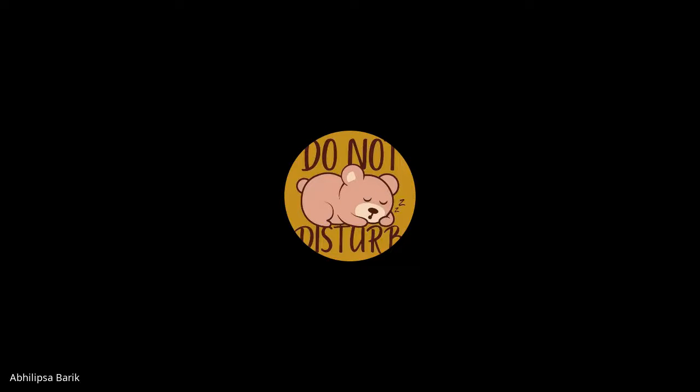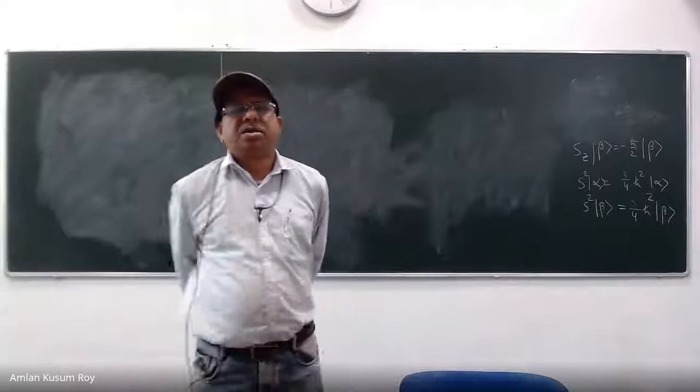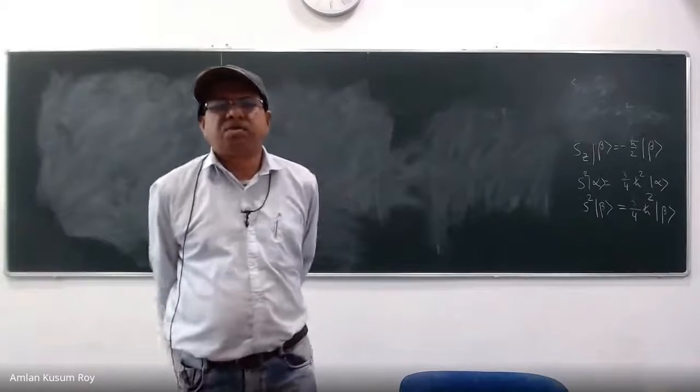Sir, like the commutation relation, when two operators satisfy that they have a simultaneous eigenfunction or something, I'm asking, is there any significance like that? No, as far as that goes, there is not, but you should also realize one more thing.